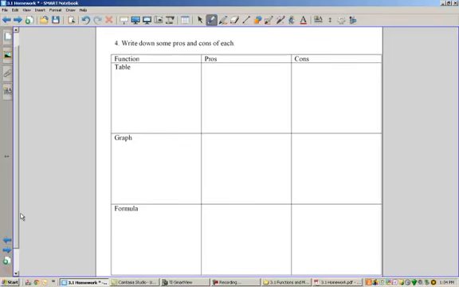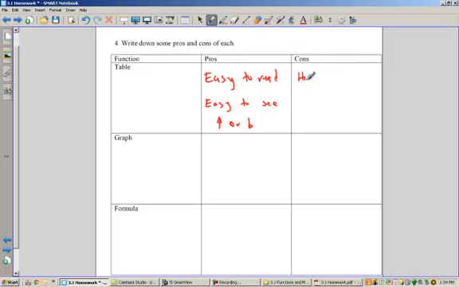For a table, the pros: they're easy to read. It's easy to see increasing or decreasing. If the outputs go up, it increases. If the outputs go down, they decrease.